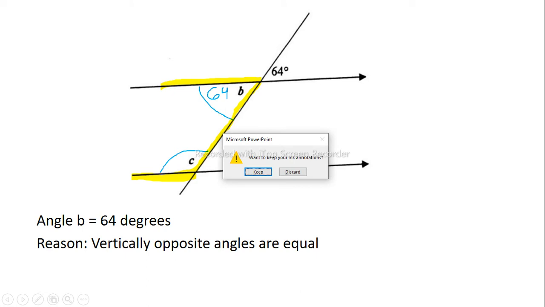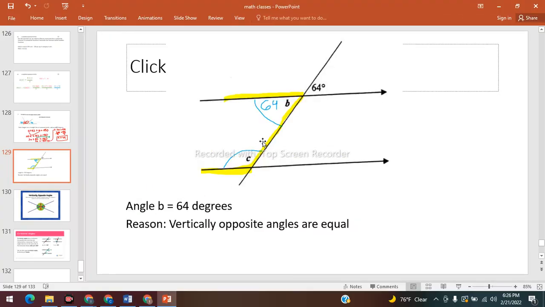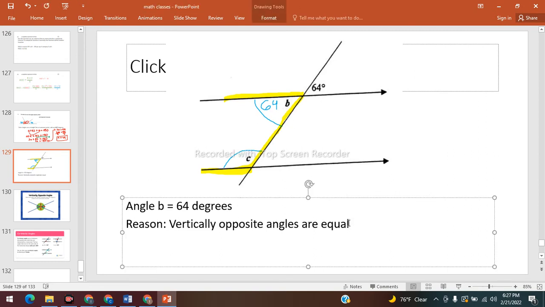So let's continue. That means that angle C and angle B must add up to 180. So in order for us to figure out what angle C is, we have to say that C is equal to, I can use small c because it's not a capital C that they give us, angle C is going to be equal to 180 degrees minus 64.